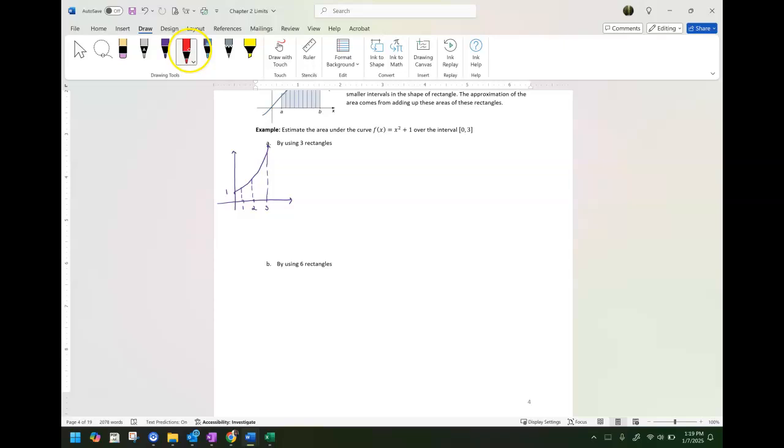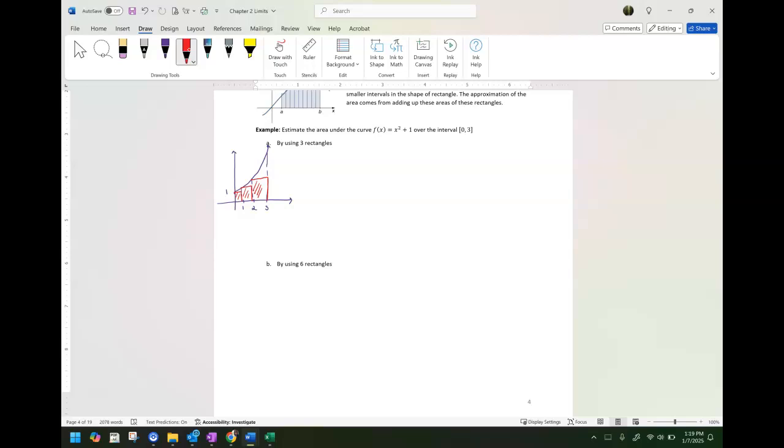Now, first one, we can estimate the area under the curve using this rectangle. The sum of these rectangles estimates the area under the curve. Note that this is an underestimate.